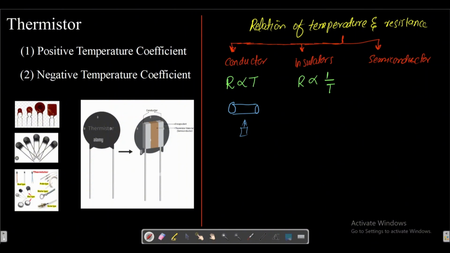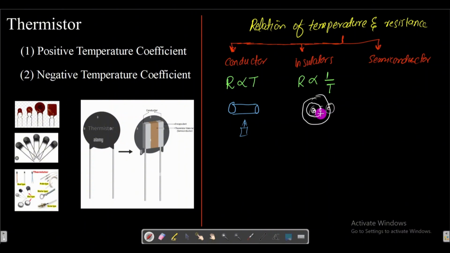Inside the insulator, the electrons in the atoms are arranged in such a way that electrons are tightly bound to the nucleus. So these electrons will be tightly bound to this positive charge, the nucleus.